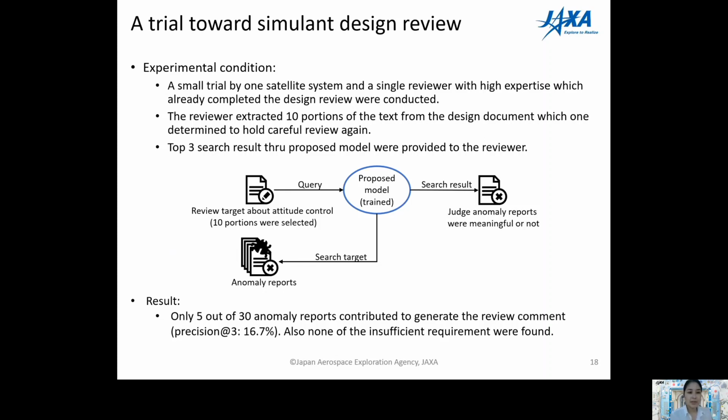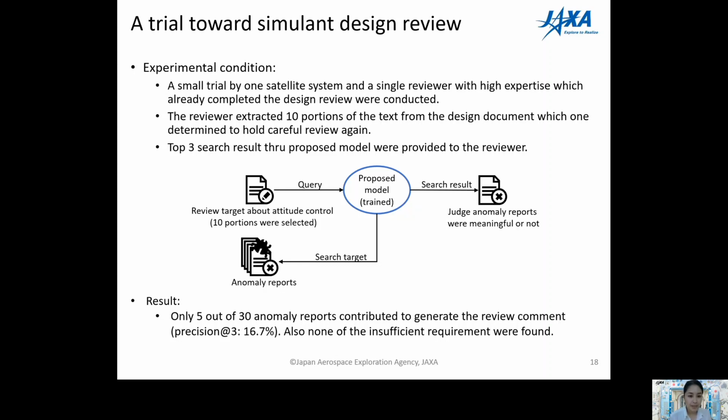As the experiment condition, we selected one satellite system and a single reviewer with high expertise, and that satellite system had already completed the design review.